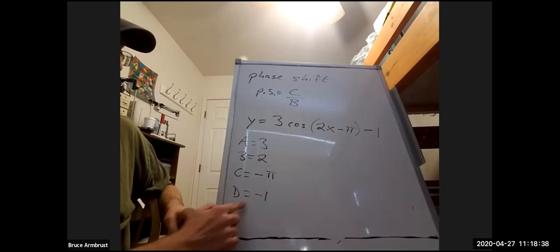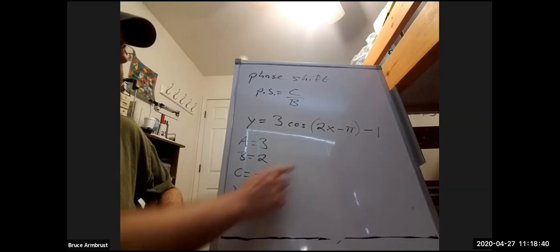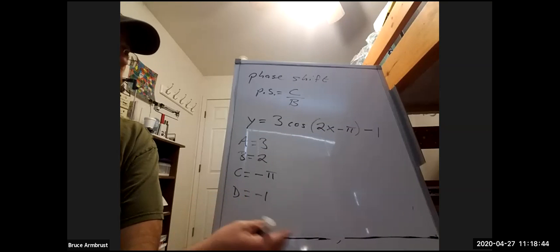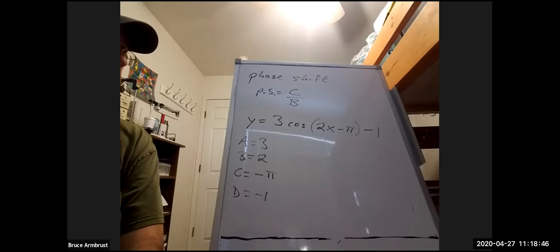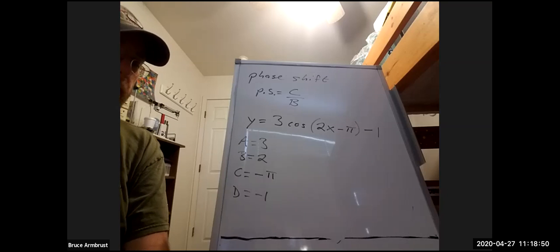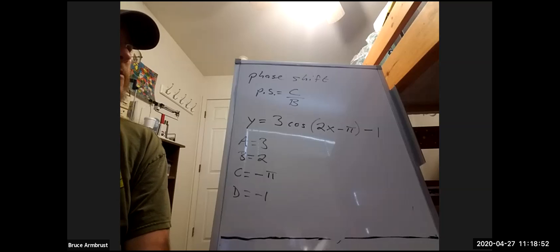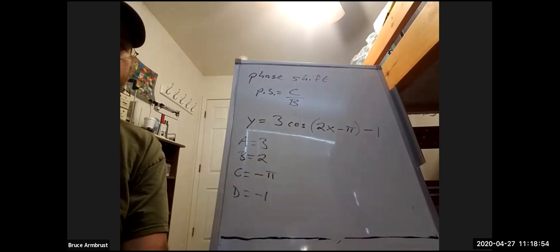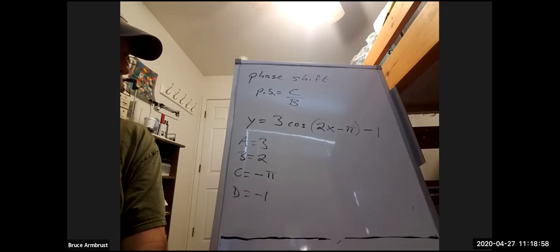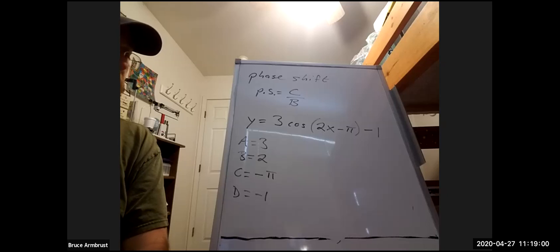So you notice that I keep the signs on these guys that are negative. I do that because it helps me remember what's happening, where we're going, what's going on. Plus, if you look at how I wrote it out, I had it as plus C and plus D, which means if these are subtractions, I'm adding the negative. Okay, so there are the numbers.